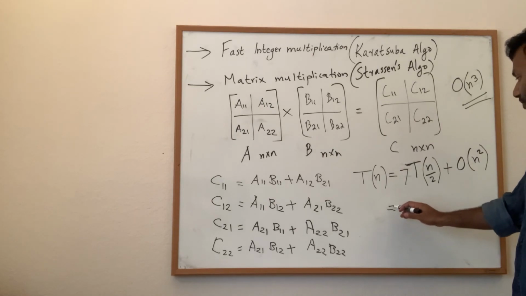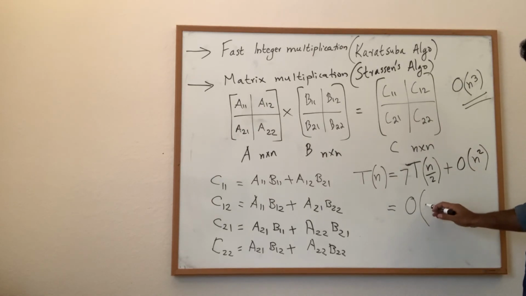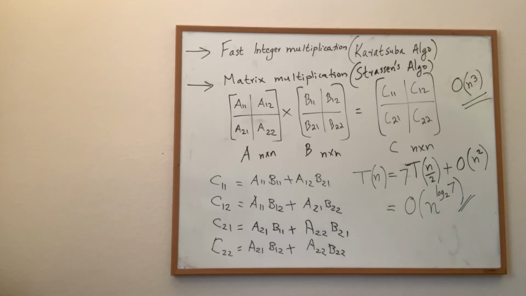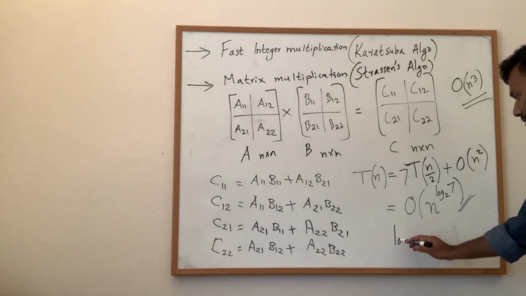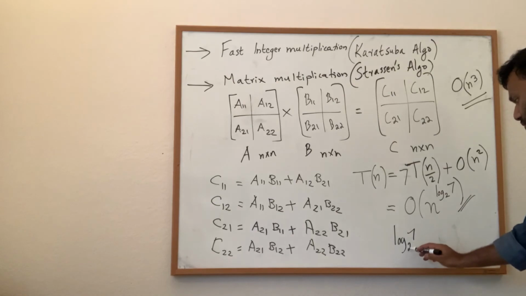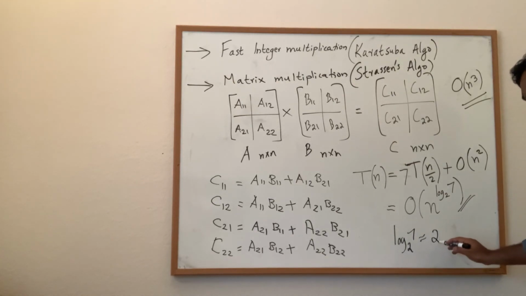And if you solve this, you will get n raised to log of 7 to the base 2. And log 7 to the base 2 is roughly 2.81. So 2.81 is better than 3. So therefore, now we have a faster algorithm for matrix multiplication.